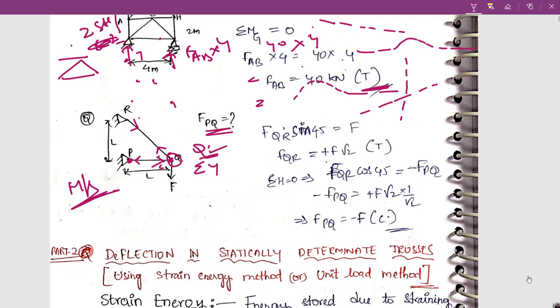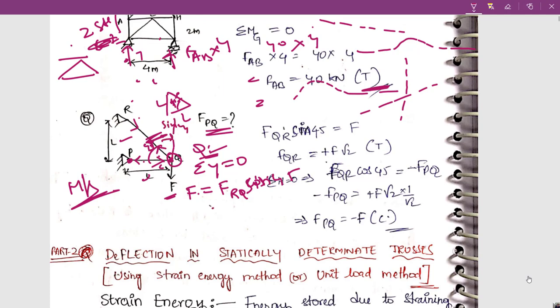The first equation I am applying is sigma Y equals 0. Applying it, I will get the force in this member. F equals FRQ sin 45, taking this angle as 45 degrees because it is L and L, right? If it is L and L, the angle should be 45 degrees.